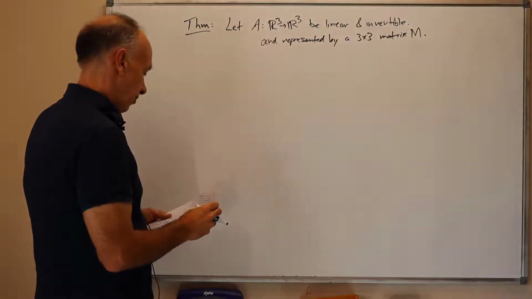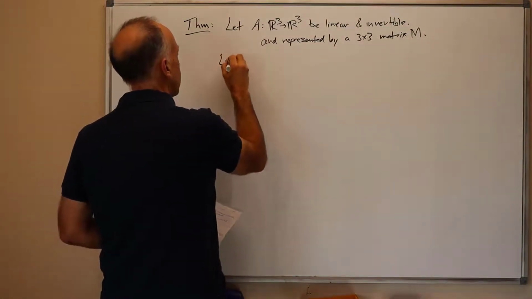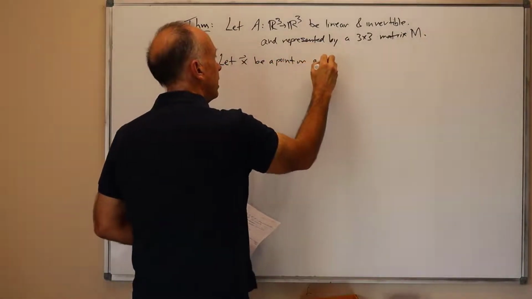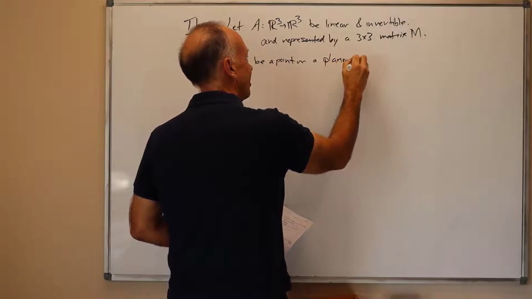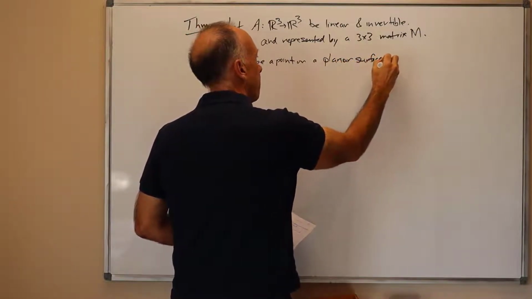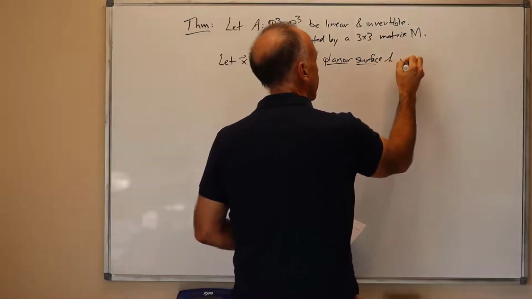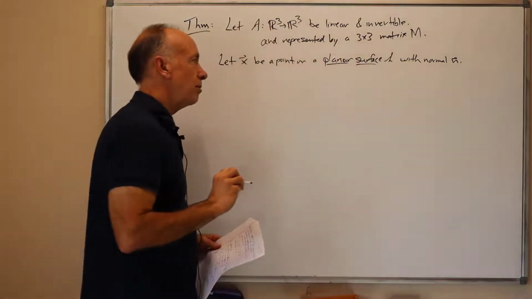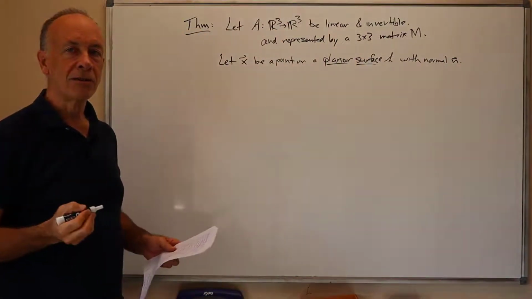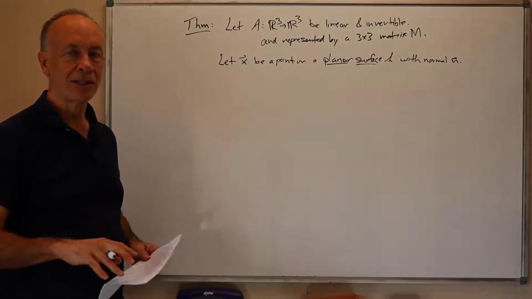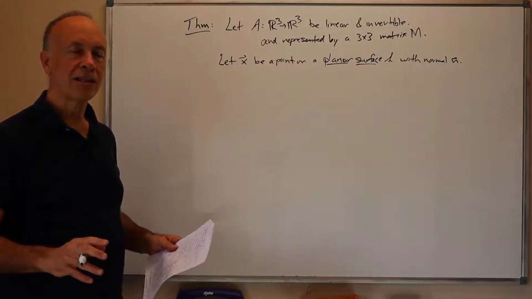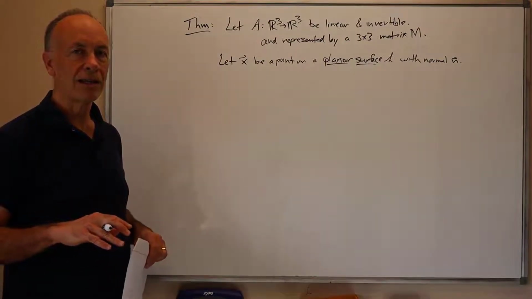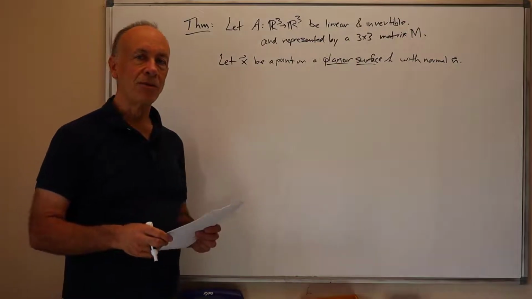So M in particular is also invertible as a matrix. Let X be a point on a planar surface S, actually a plane is the same thing, with normal N. So it's enough to prove the theorem for planar surfaces instead of general surfaces, because we're assuming these surfaces are well formed and smooth, and we can just replace S by the tangent plane to S at the point X. And if we get a normal to the tangent plane, then we also get a normal to the surface.